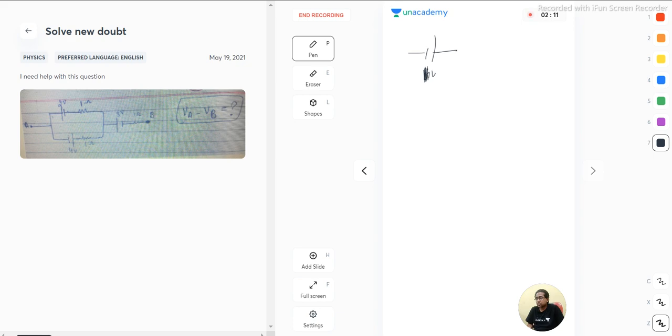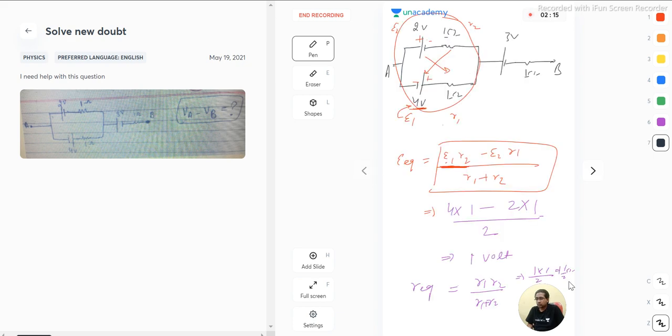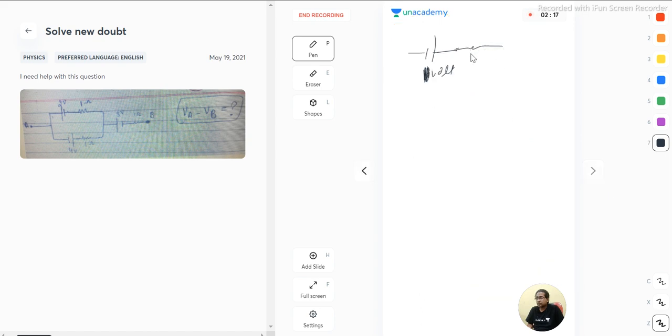So this is 1 volt and connected to a half ohm resistor like this, which is further connected by a 3 volt battery and connected to a 1 ohm resistor. This is point B we have, this is point A we have, and let's calculate the potential difference between the points.